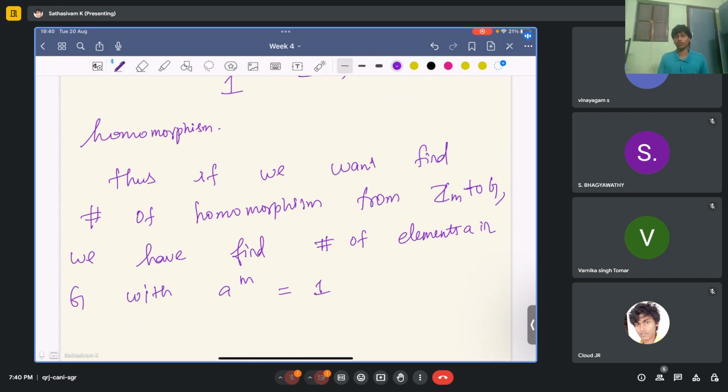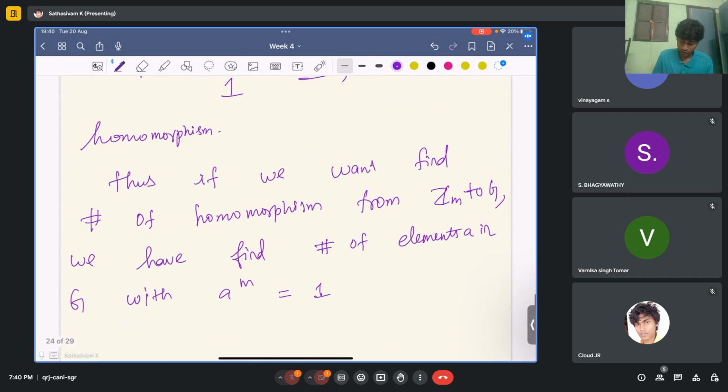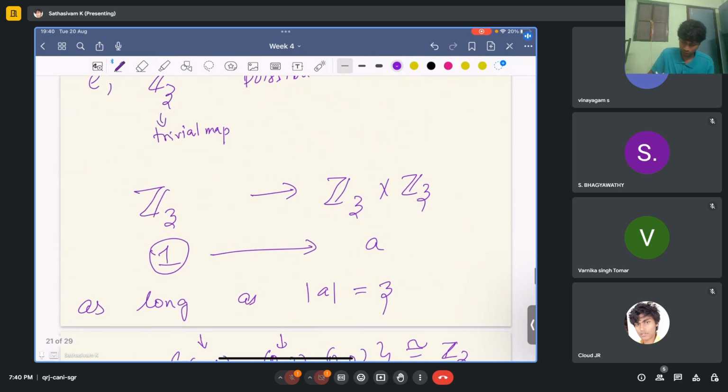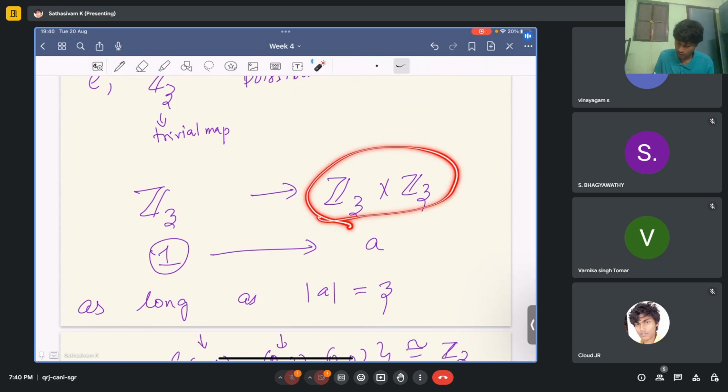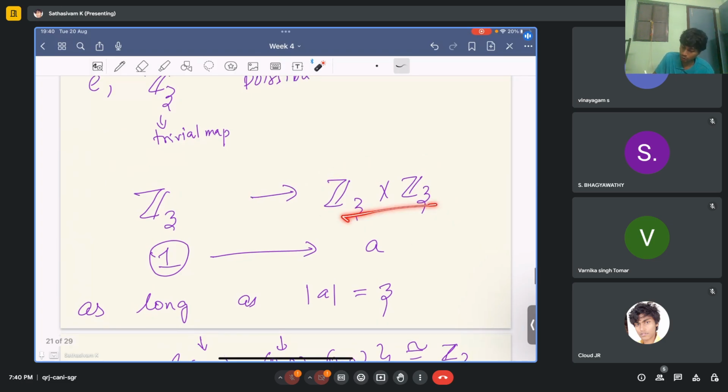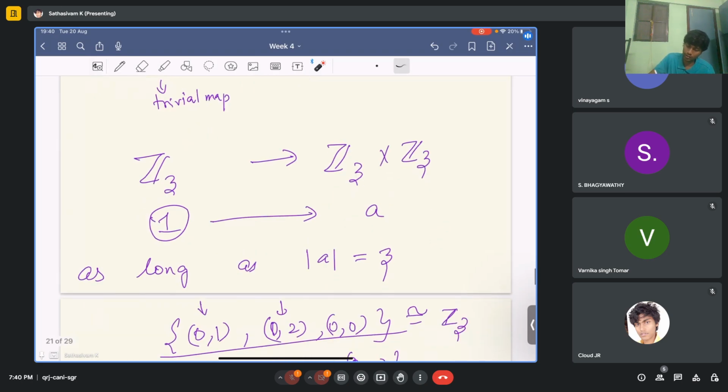Let's go back and see this with the example. What is the relation here? It is 3, right? So we have to find the number of elements A in this group such that A to the power 3 is the identity, or in this additive group, 3A is 0. How many elements satisfy this property?